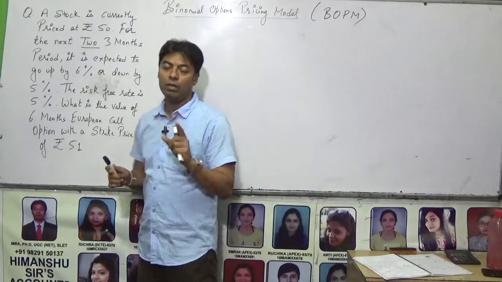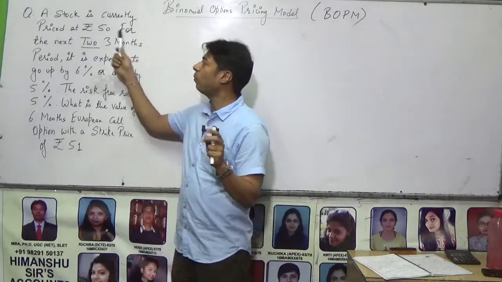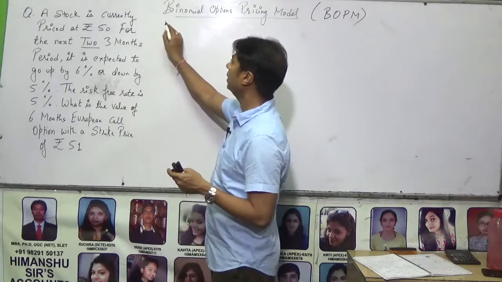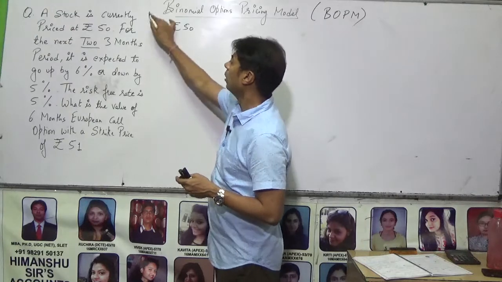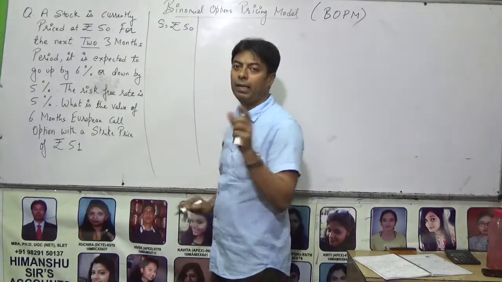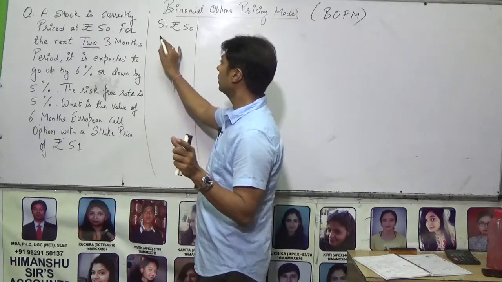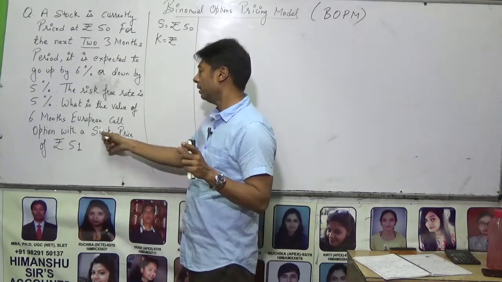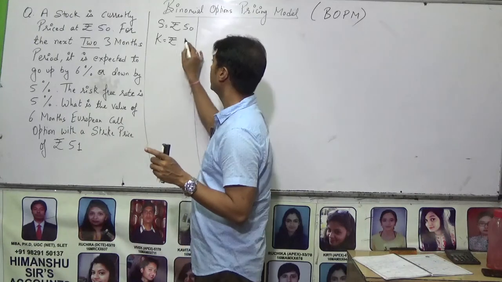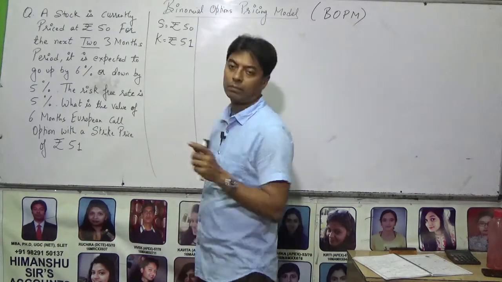First of all, you must remember the spot price. The spot price in this question is rupees 50. The spot price is indicated by S and the strike price is indicated by K. The strike price is rupees 51.